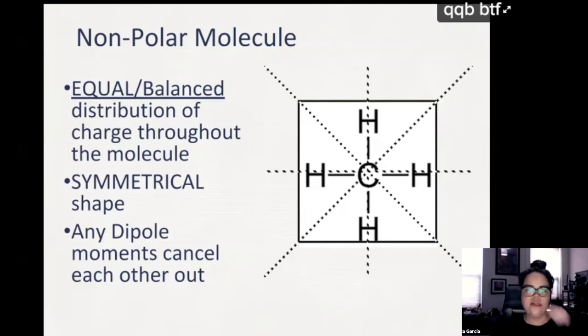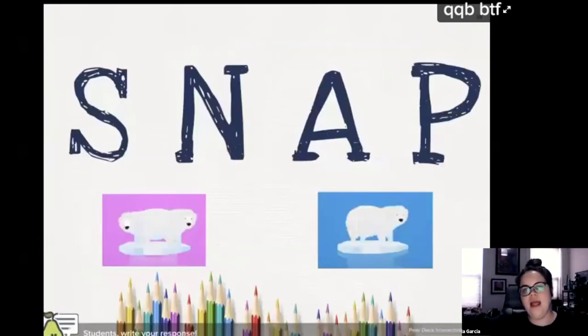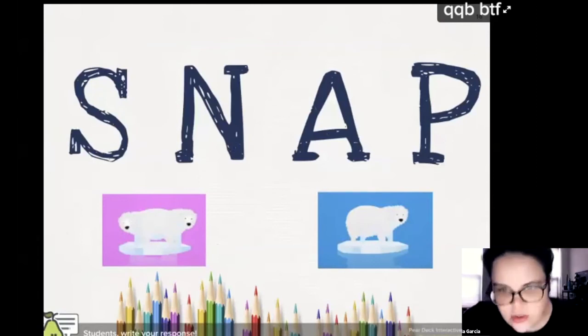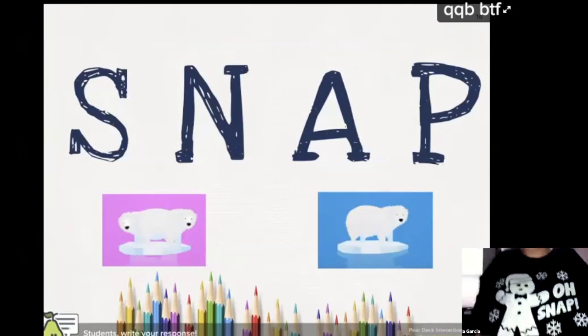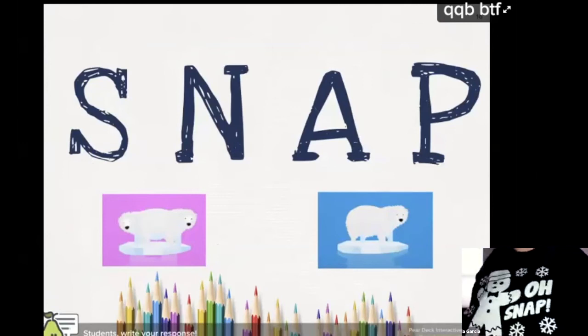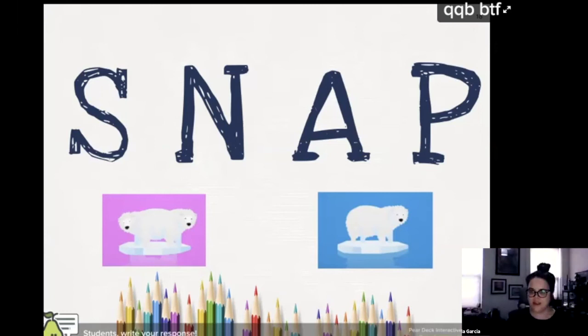Okay, so let's do a little check-in. How the heck am I going to remember all this, Miss Garcia? Well, Miss Garcia showed us our lovely Ugly Sweater Day sweater from the holidays, and I said there was a chemistry joke in here. Oh, snap. The word snap, my friends, is going to help you remember some things about this. So what do you think snap is going to help us remember in terms of molecular polarity?